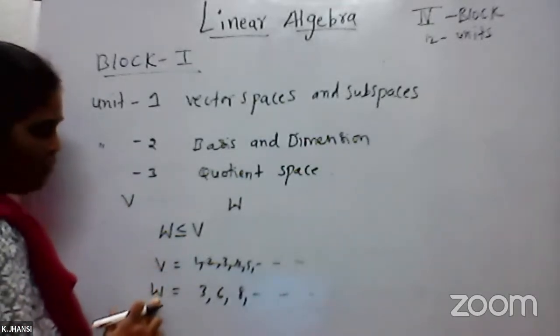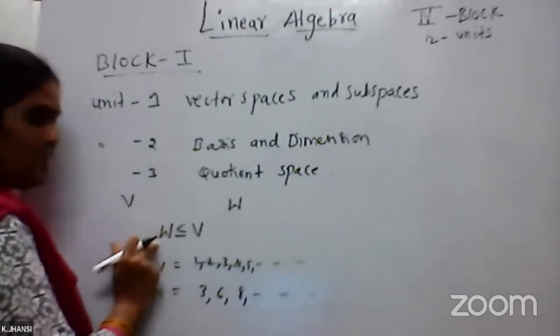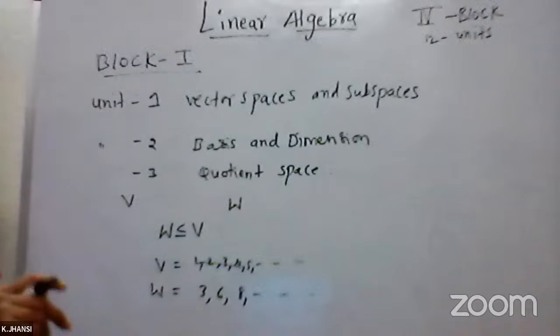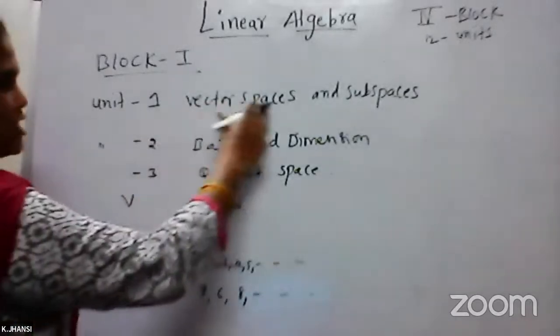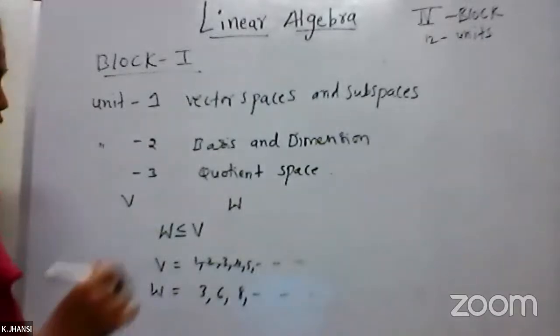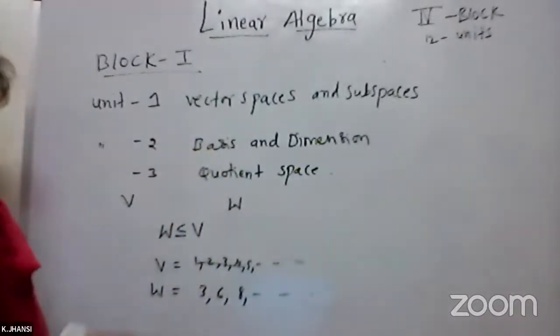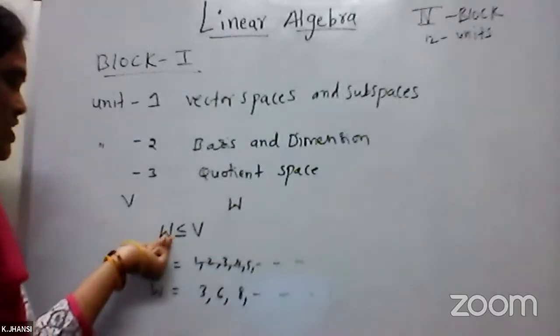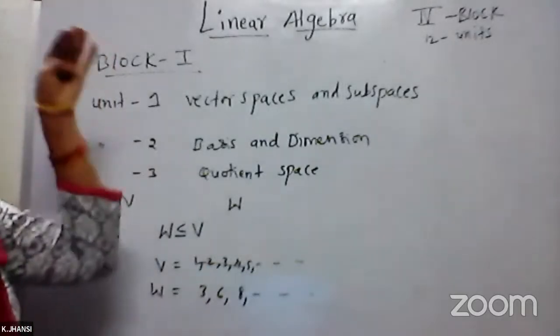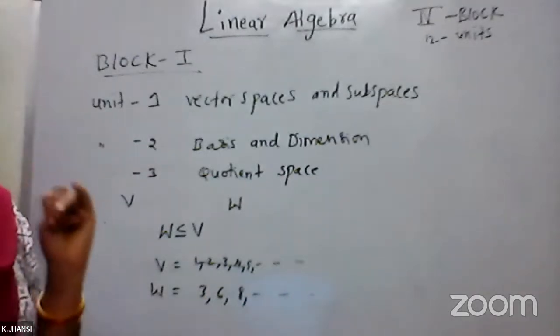So when W is a subset or equal to V, and if W satisfies all the 5 properties of the vector space, then we call this W a subspace. For showing that W is a subspace, we need to check all the 5 properties, and only if they are satisfied is it called a subspace.